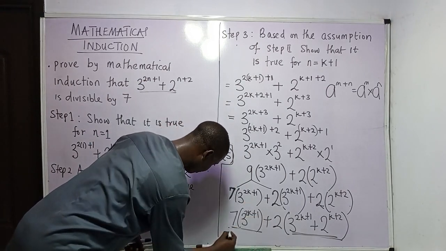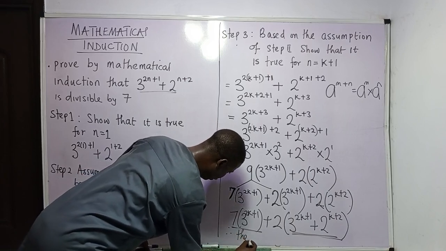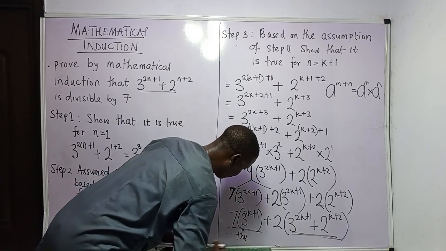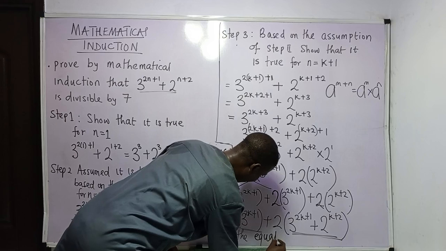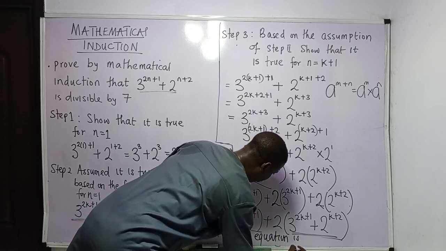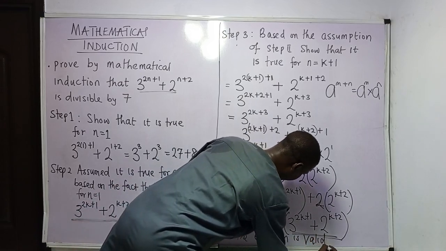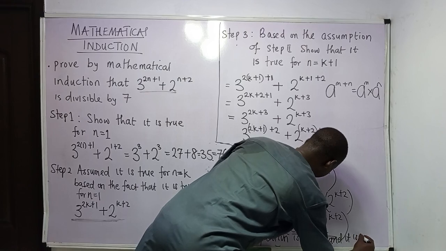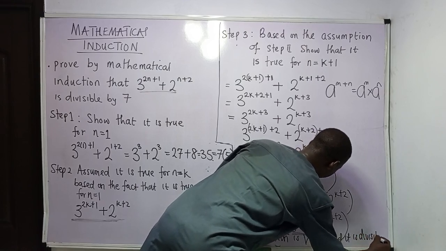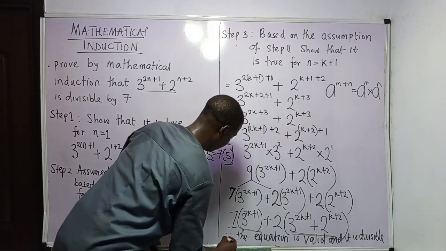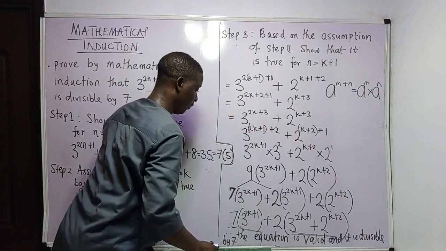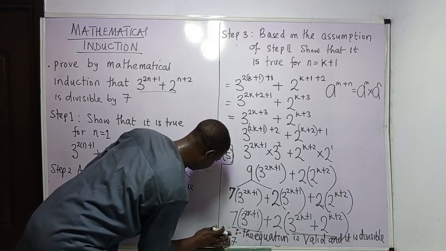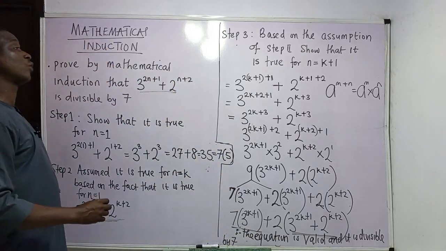Therefore, the equation is valid and divisible by 7. So please take note of that.